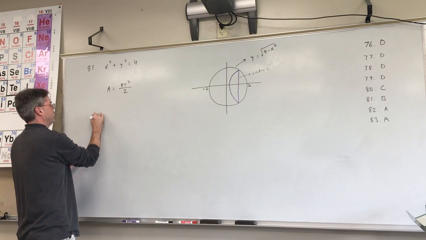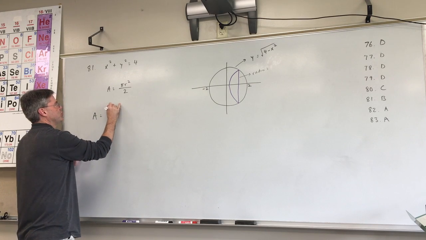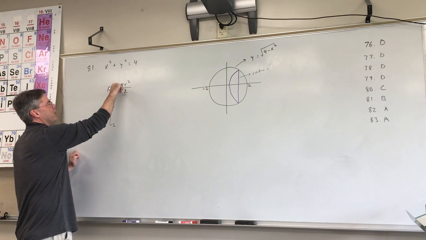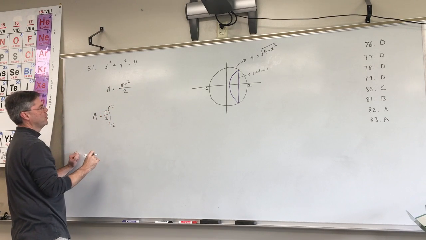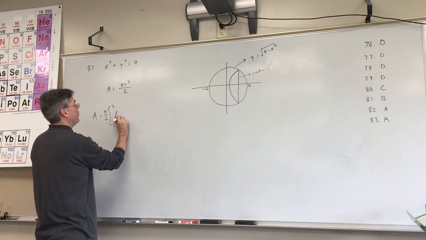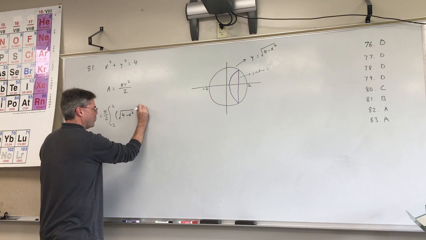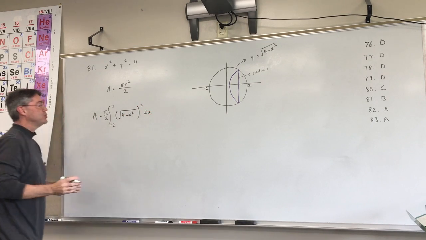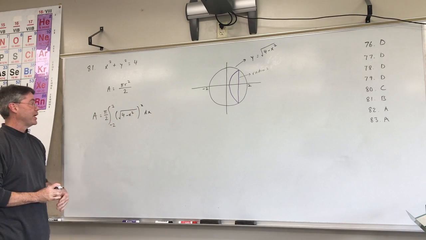So the area will be from -2 to 2. I'm going to go ahead and bring the pi over 2 out front: pi over 2 times the integral from -2 to 2 of the square root of 4 minus x squared, all squared, dx. It'll probably be easier to put that in your calculator, since the square would lift the radical and leave just 4 minus x squared.